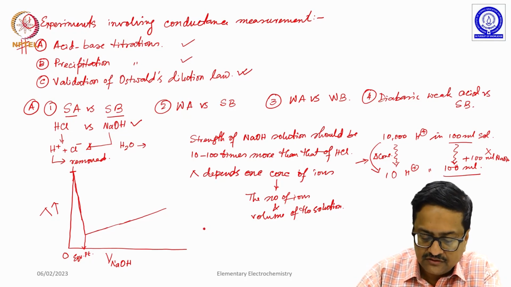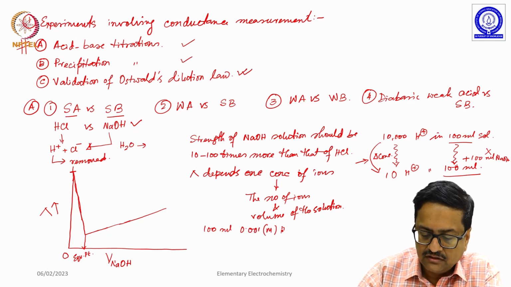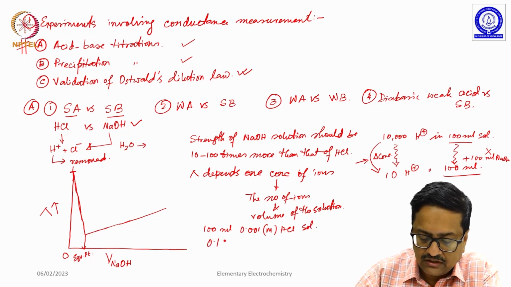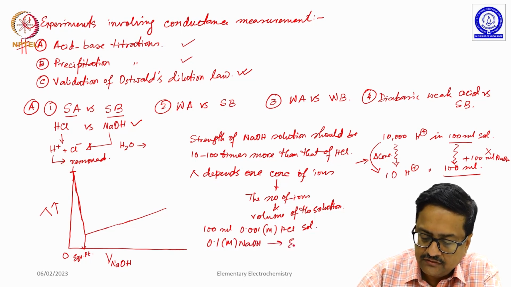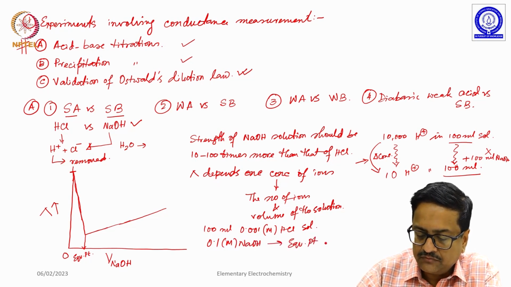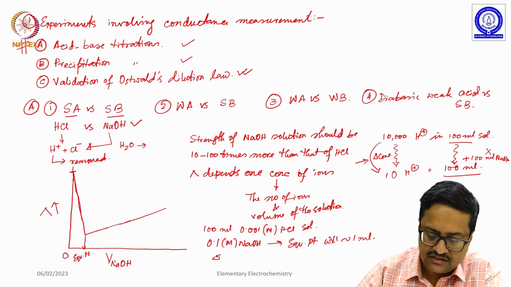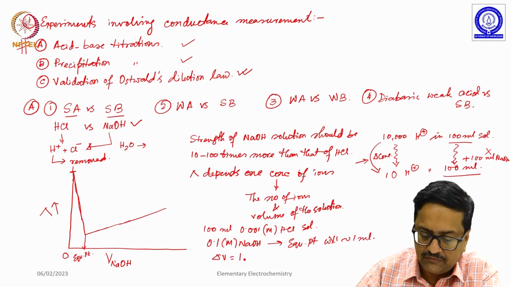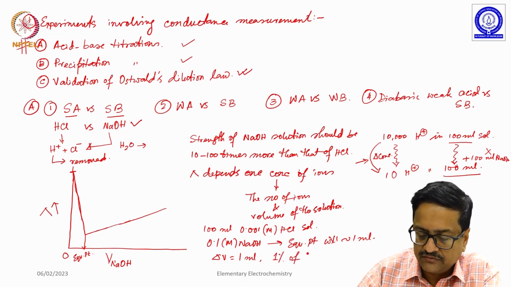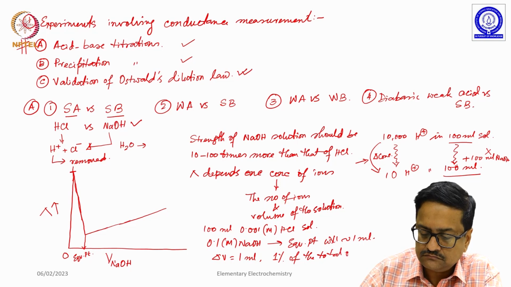So suppose if we take 100 ml of 0.001 molar HCl solution, then we should use a 0.1 molar NaOH solution so that the equivalence point will come around 1 ml. So the change in volume of the solution is 1 ml, which is just about 1% of the total volume. So this change can be neglected.